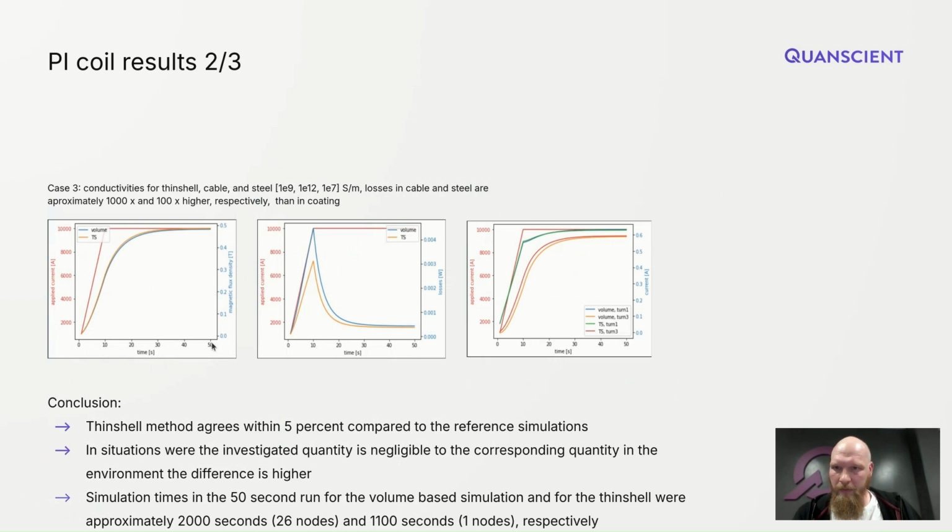Now it takes 50 seconds to achieve the stable conditions for the magnetic field. And again, you can see a pretty nice match with the two models. And here, in this case, the losses are a bit different. But now the losses are negligible to the losses in the cable and steel again. And they are almost negligible in the model.